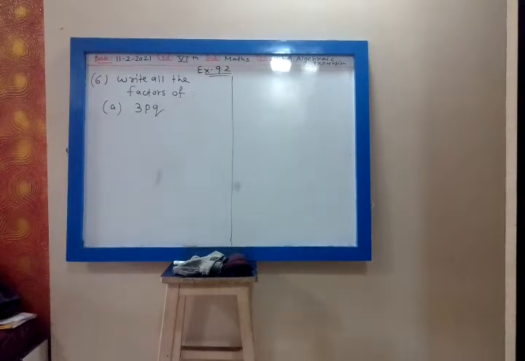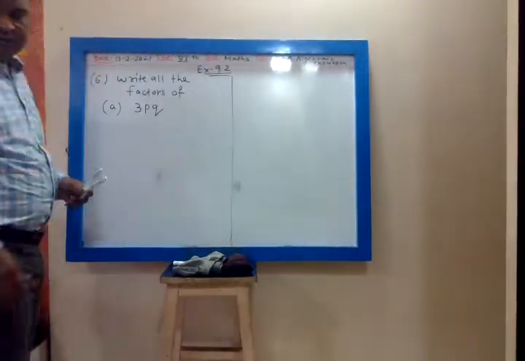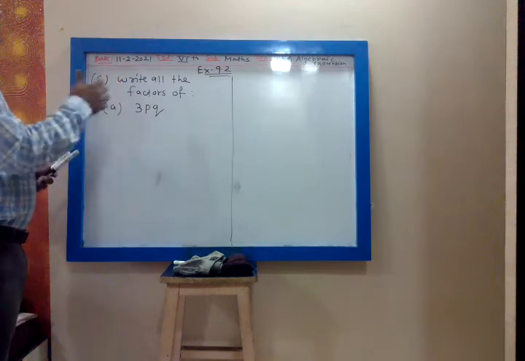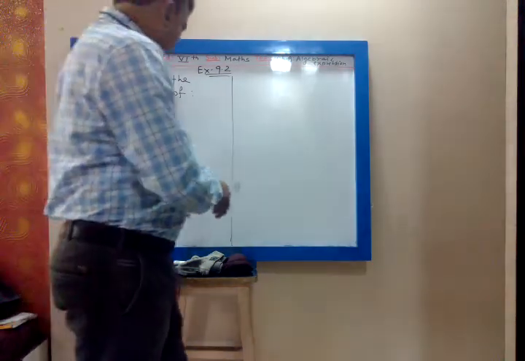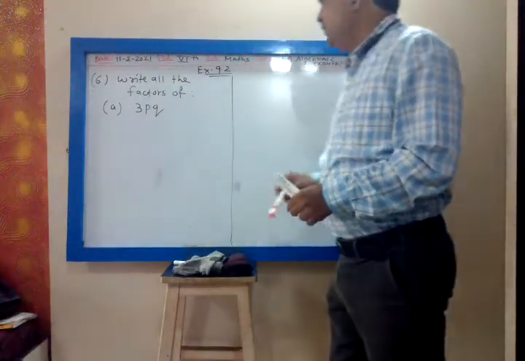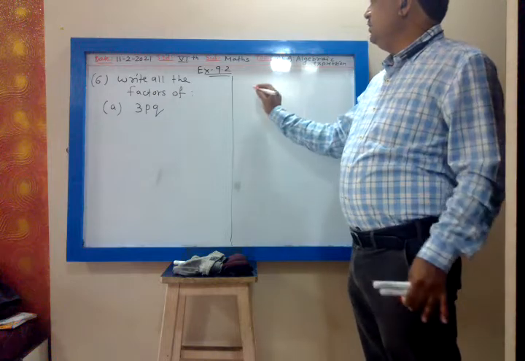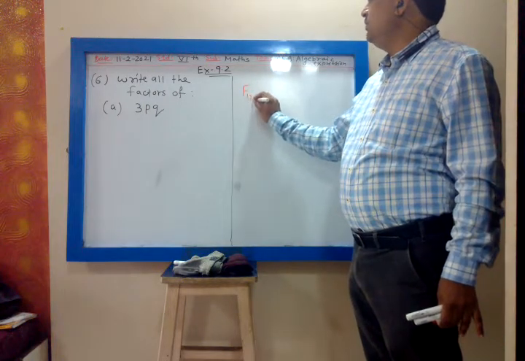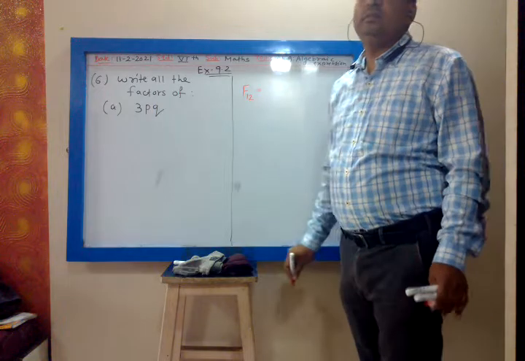See, in the factors and multiples chapter, we have already studied factors and multiples. Now this part should not be written. What are the factors of 12? Tell me.